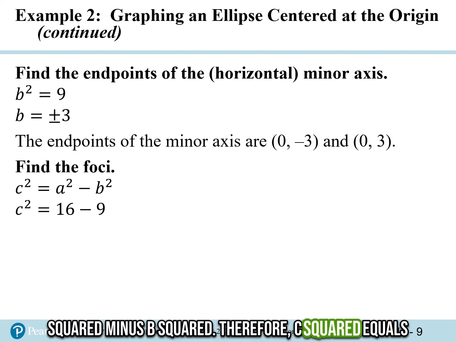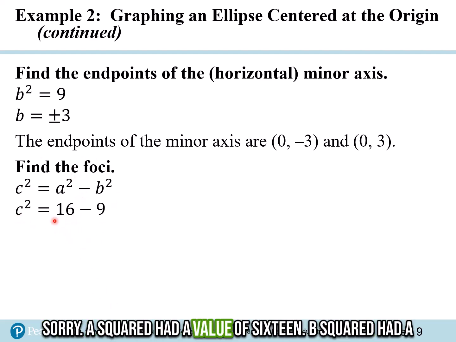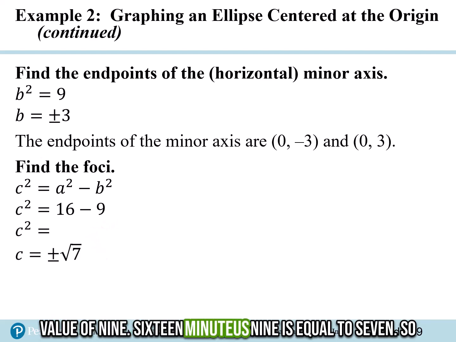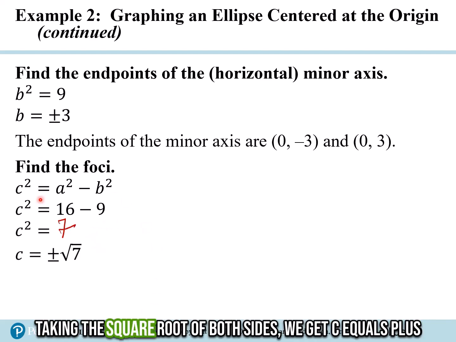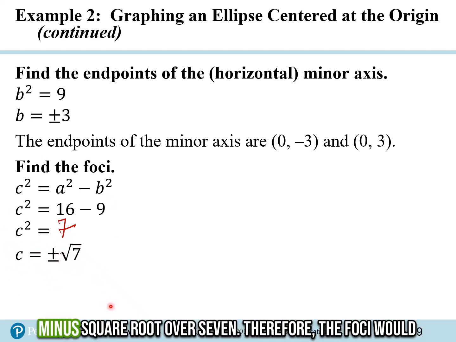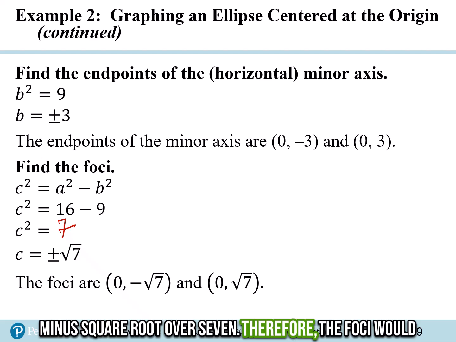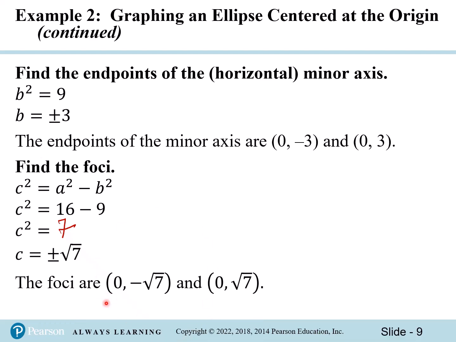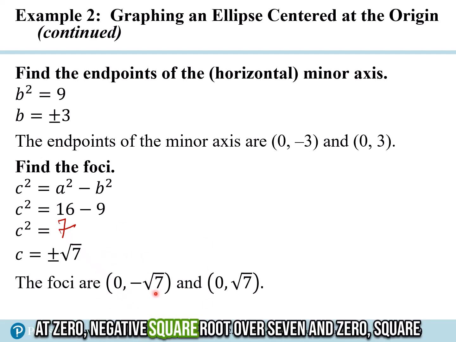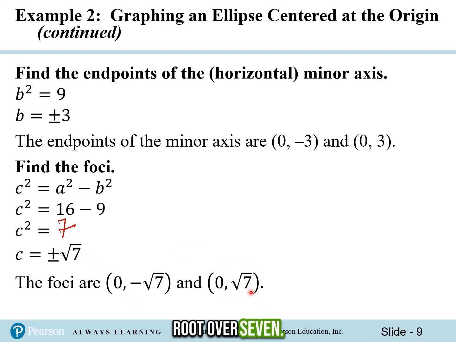Therefore, c squared equals a squared had a value of 16, b squared had a value of 9. 16 minus 9 is equal to 7. So taking the square root of both sides, we get c equals plus minus square root of 7. Therefore, the foci would be located at 0, negative square root of 7 and 0, square root of 7.